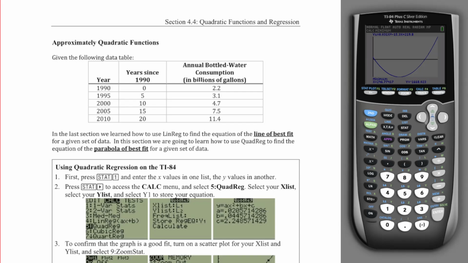How do we find the quadratic curve of best fit? Well, we use the calculator again. So here we have a data table about bottled water consumption since 1990.